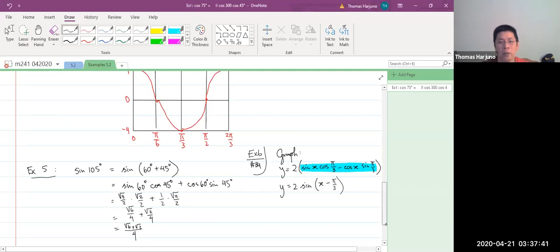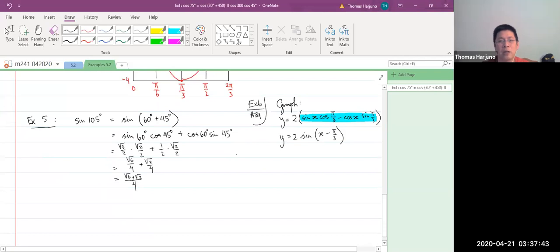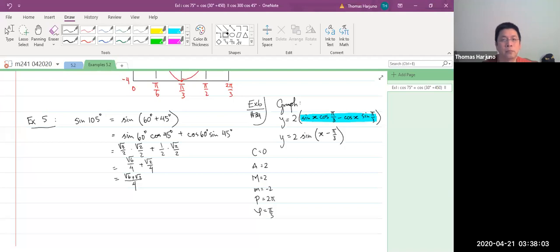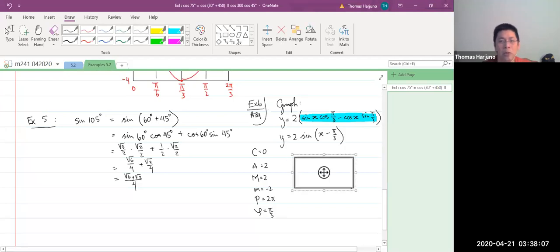So from here we see that the center is 0, the amplitude is 2, so the maximum is 2, the minimum is -2, the period is 2 pi, and the phase shift is pi over 3. Suppose I draw it in a small way here.